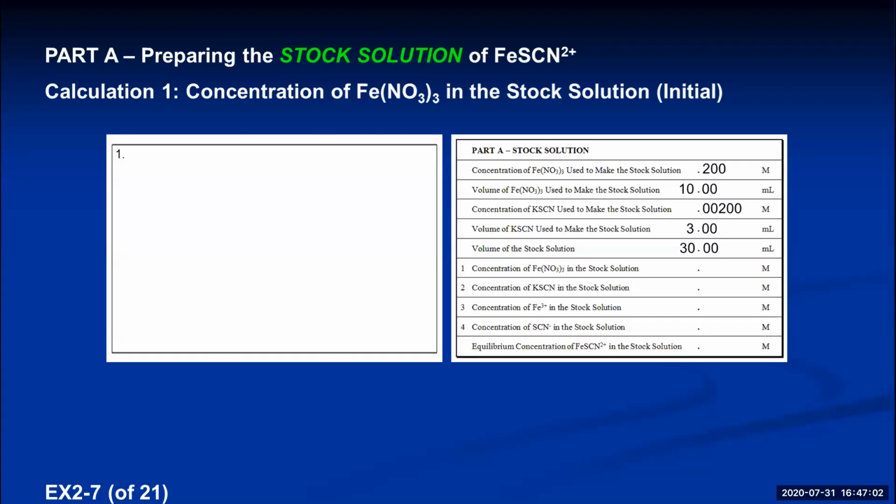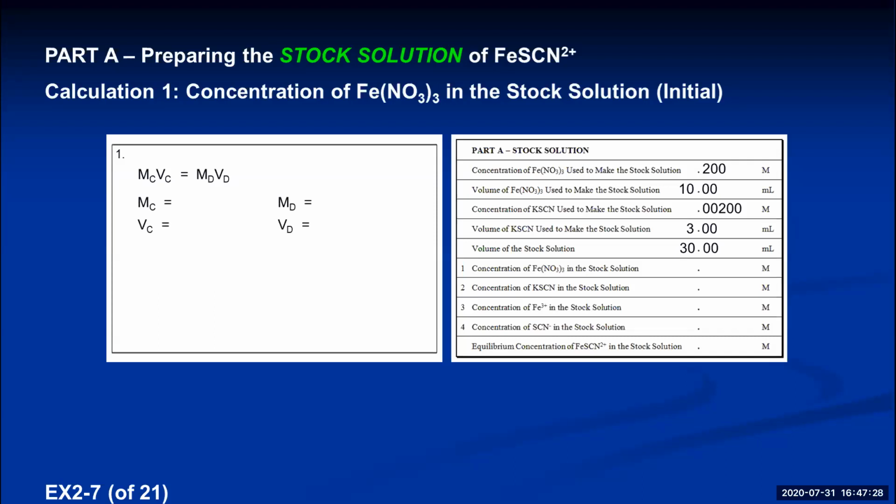And so in box 1, to do a calculation like this, when you're diluting the concentration of a solute, we use our dilution equation. MCVC, the molarity of the concentrated solution, which means the initial solution, times the volume of the concentrated or initial solution, will always equal the molarity of the newly created diluted solution multiplied by the volume of the diluted solution. So let's see if we can identify each of the variables.